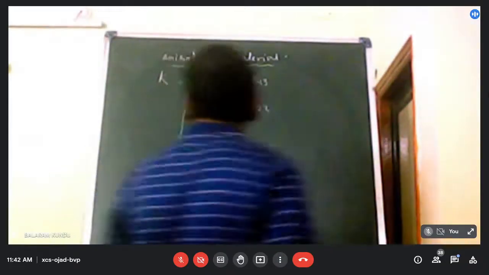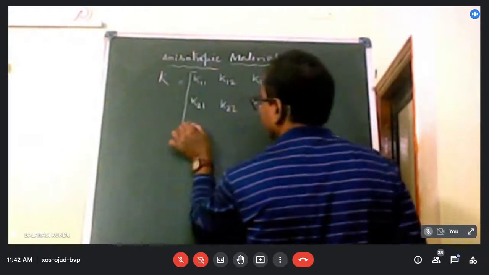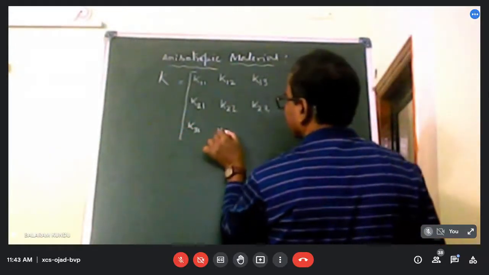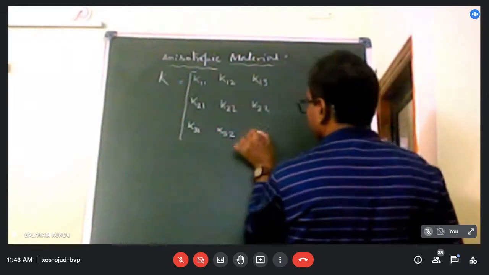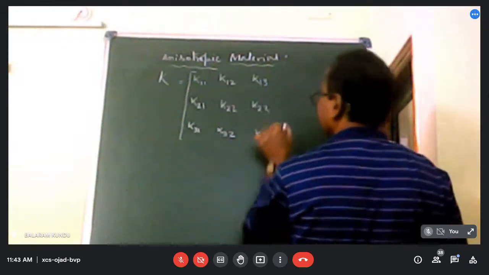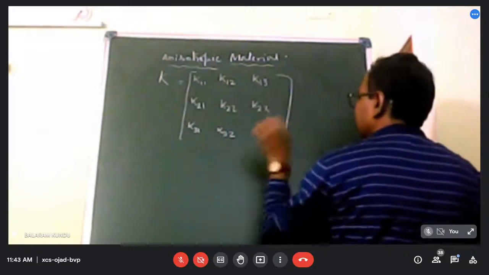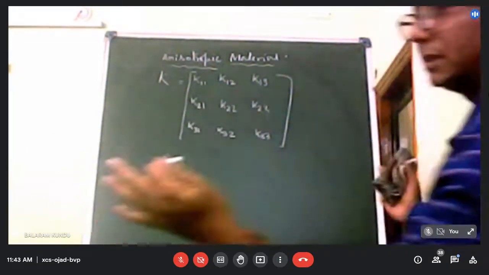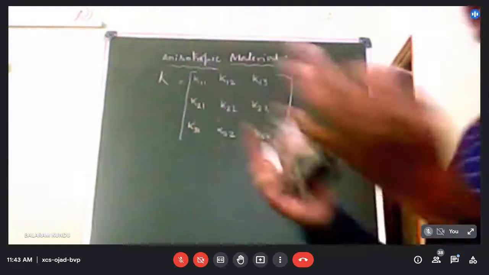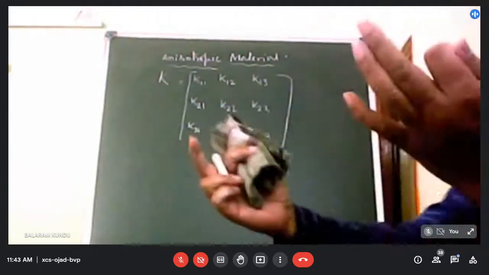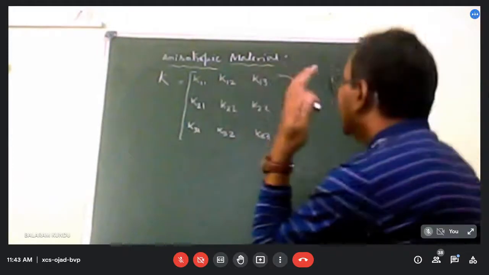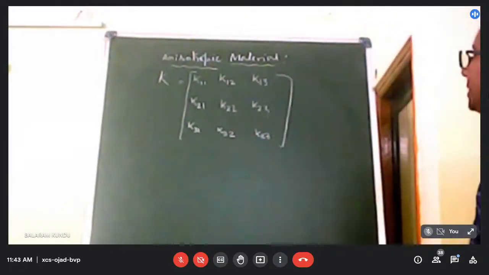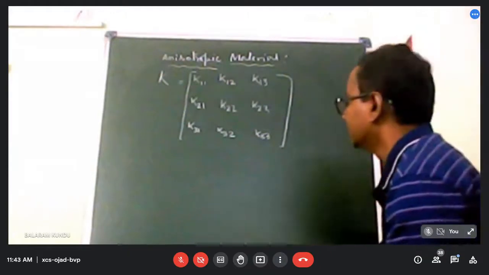And in the last row, you can write K31 and K32, and this is your K33. So nine components are there for anisotropic material thermal conductivity, and here thermal conductivity depends on the direction of heat transfer. So how is thermal conductivity dependent on the direction of heat transfer?